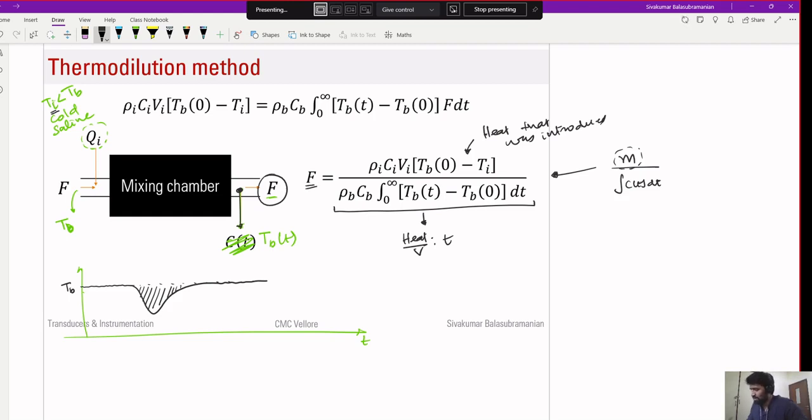So what is Ti here? Yes, I'll clarify this. Ti is the temperature of your indicator, your cold saline.